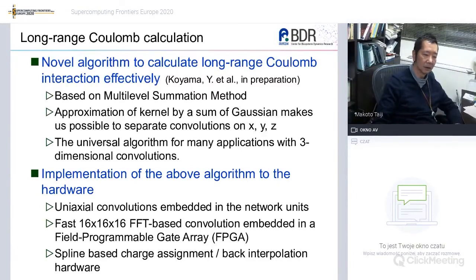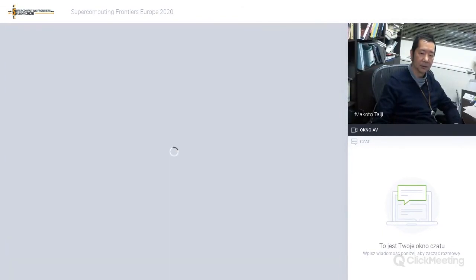For example, our network unit has a uniaxial convolution unit. We also have a specialized FPGA with 16 by 16 by 16 FFT-based convolution calculations. And we also have spline-based charge assignment and backward interpolation hardware in the SoC.